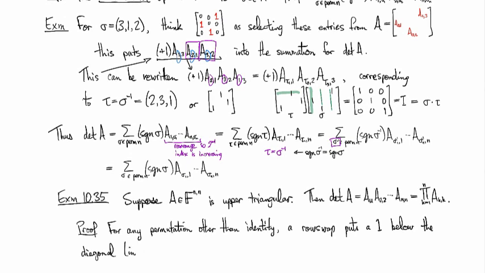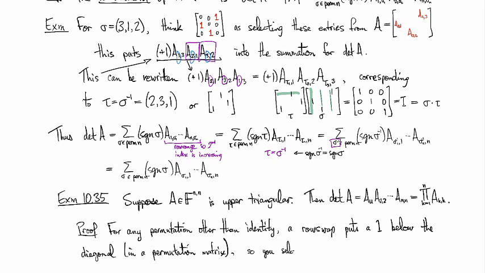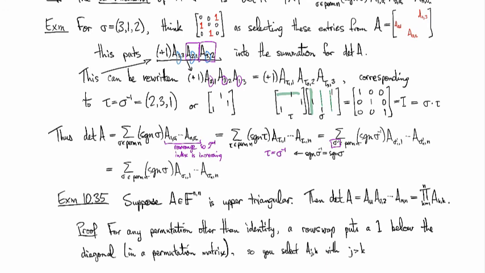And so here I'm thinking about a permutation matrix. So that means that, in other words, you're going to be selecting an A J K with J greater than K. So in other words, something from underneath the diagonal to be in your sum.